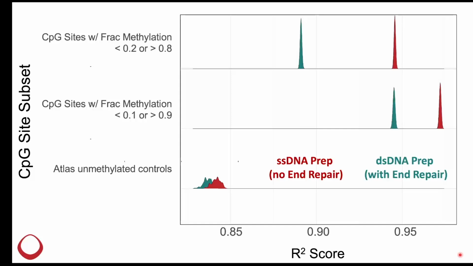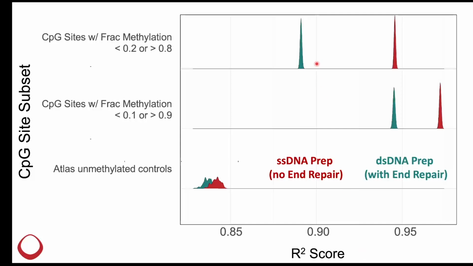An R-squared value of 1 means a perfect explanation. An R-squared value closer to 0 would mean the atlas is doing a poor job of explaining the data that we have in hand. So in this context, you can think of R-squared as acting as a proxy for how much of the original tissue-specific methylation information survives in the library prep process.